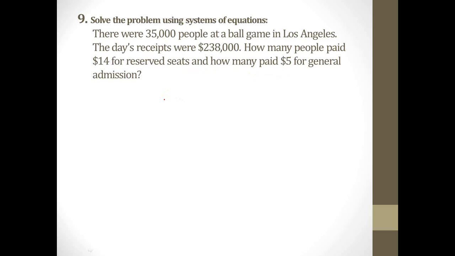So I know I have 2 types of people here. I'm going to label one X and the other type Y. I know if I add these 2, I'm going to get 35,000 people.